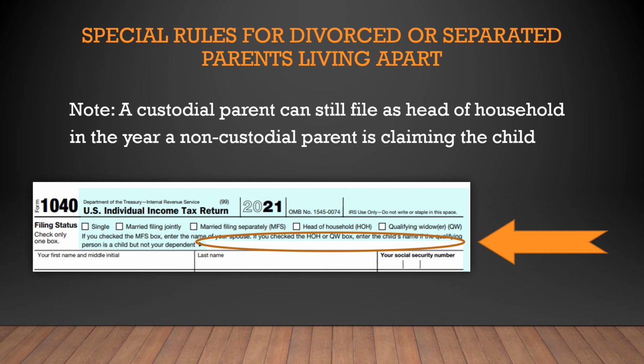And you can see a spot here up at the top of the 1040 where the parent would list that child's name because it wouldn't show up down in the dependents section. So they can list the child's name at the top of the 1040, and that is how the IRS would know that this parent is able to still file as head of household.